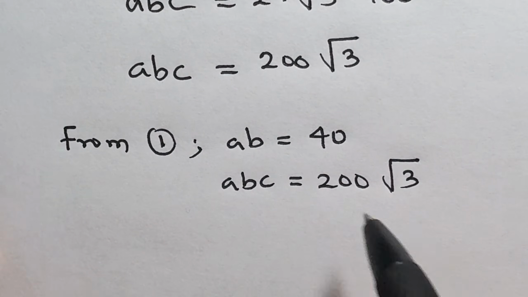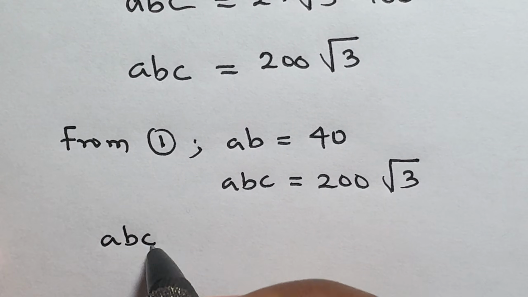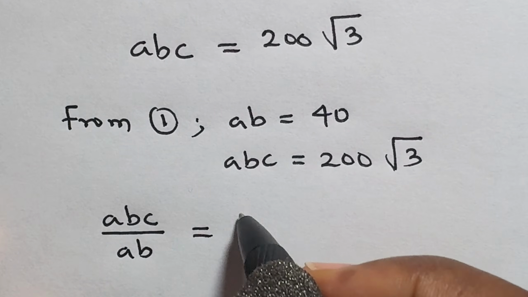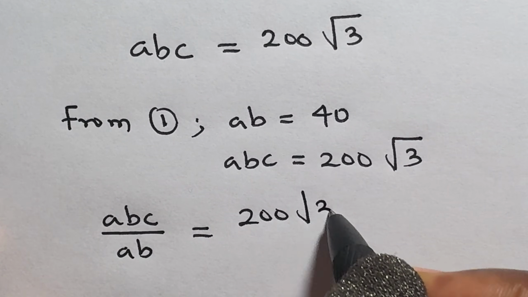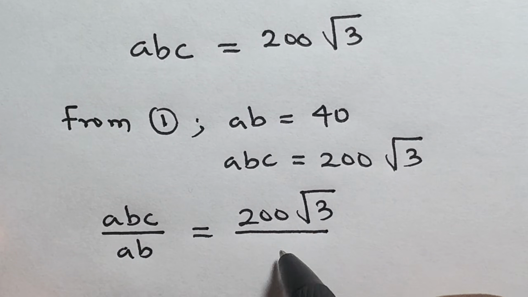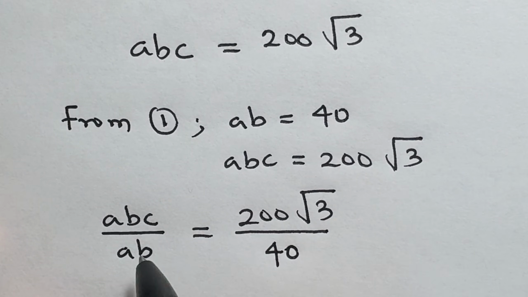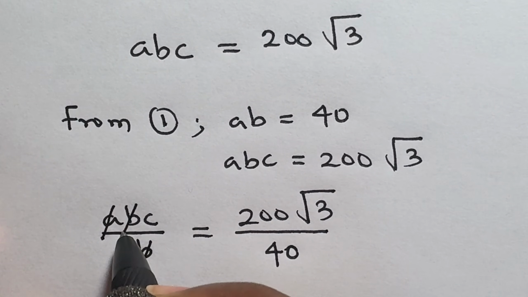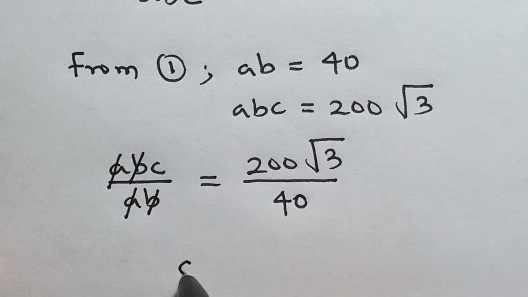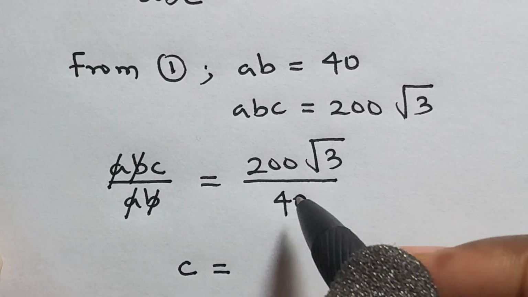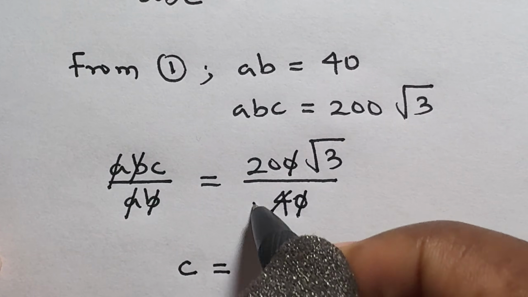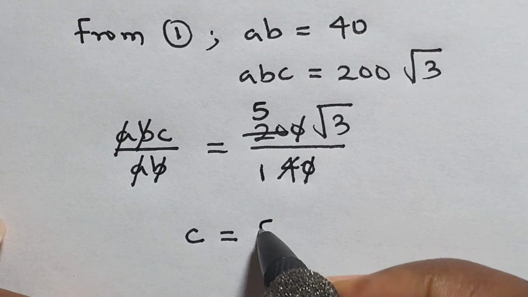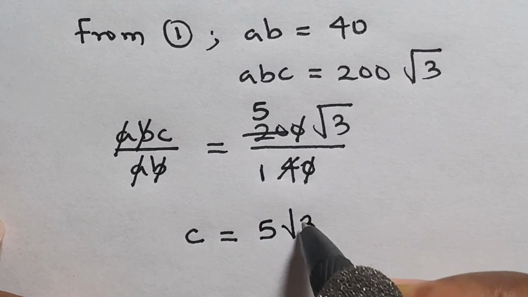So from here, if we do ABC divided by AB, this will give us 200 root 3 divided by 40. From the left hand side, A here takes care of A here, B here takes care of B here, and then we're left with C is equal to, on the right, this takes care of this. 4 here is 1. 4 in 20 will give us 5. That means C is equal to 5 root 3.